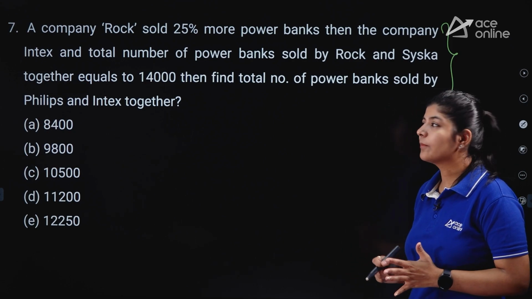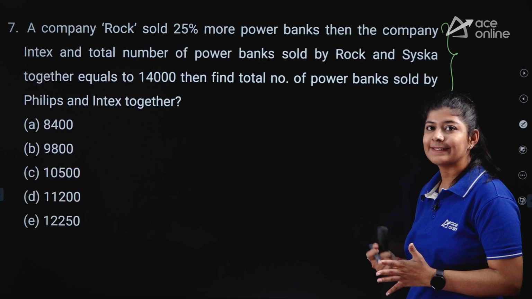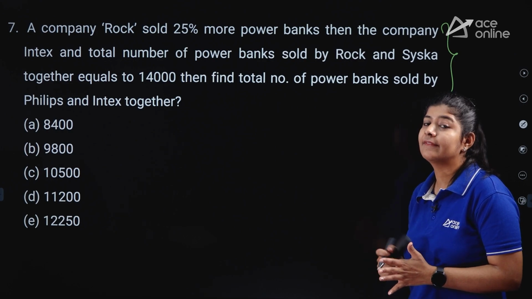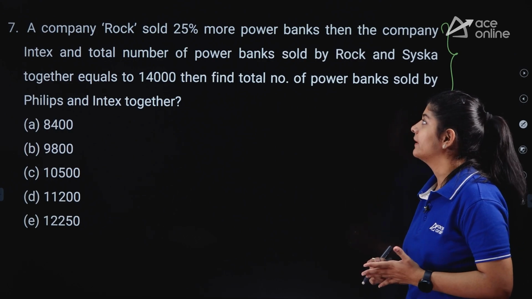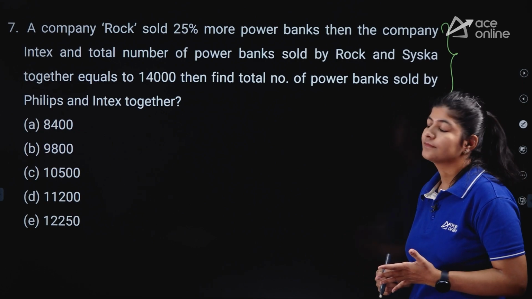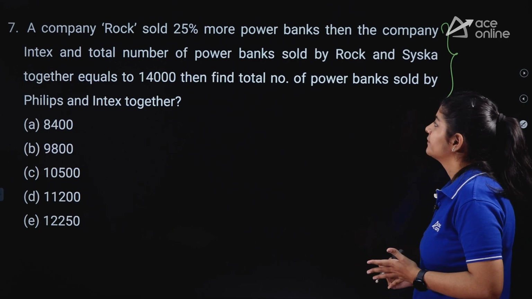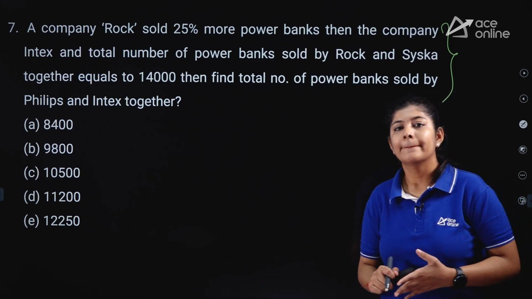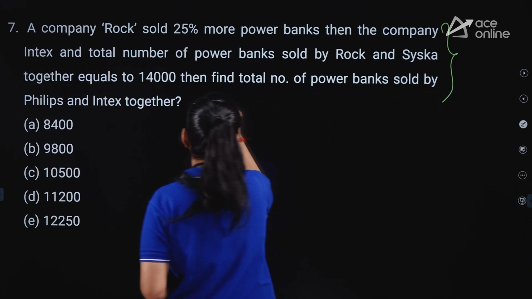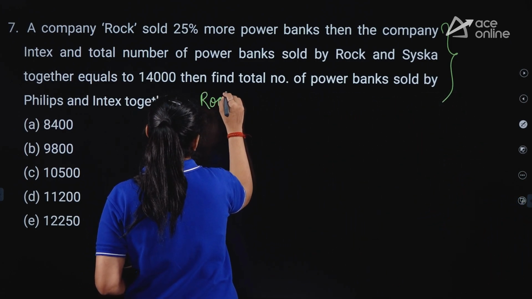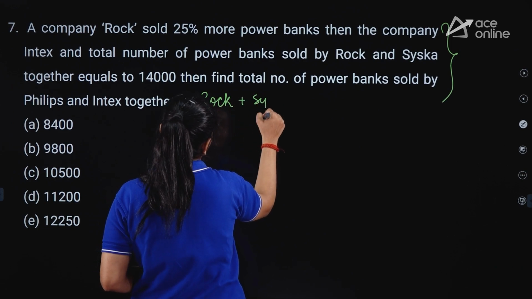So here one more company named ROC is introduced. Now you have to consider the value for ROC as well. Basically the question says that here we are having two brands, ROC plus Cisco.